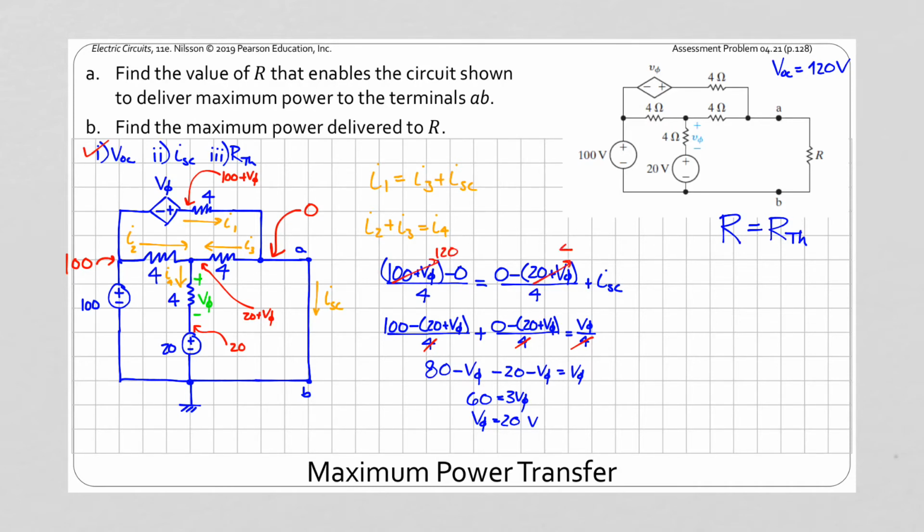This is going to be 40. And so if I have 120 divided by 4, that's going to be 30 is equal to 40 divided by 4 is 10 plus ISC. So my short circuit current should be 20 amps. Beg your pardon, that should be a negative 10 volts, or 10 amps, and so that should be 40 amps, should be ISC in that case.